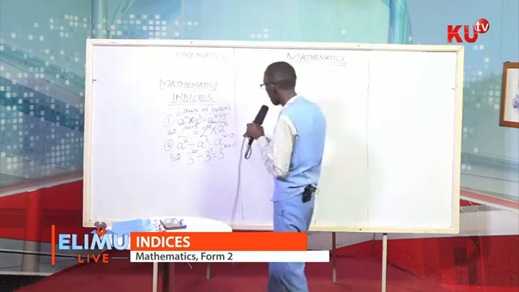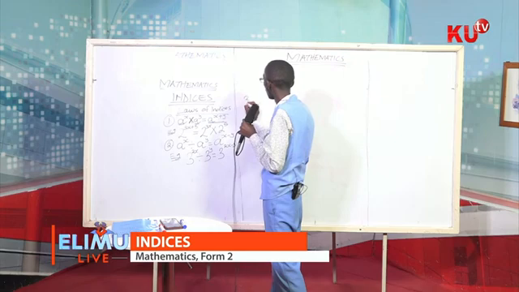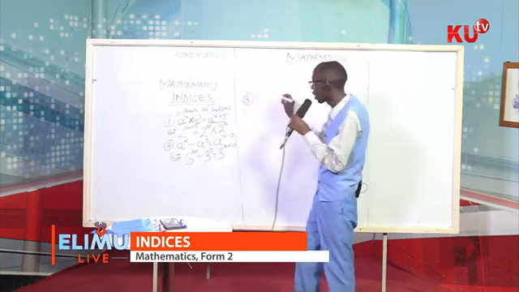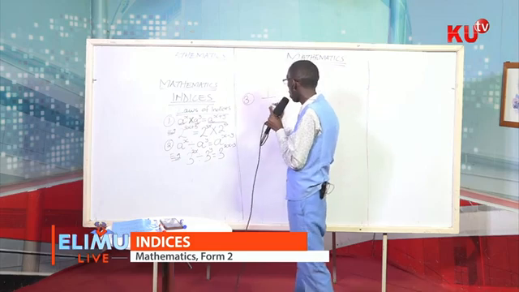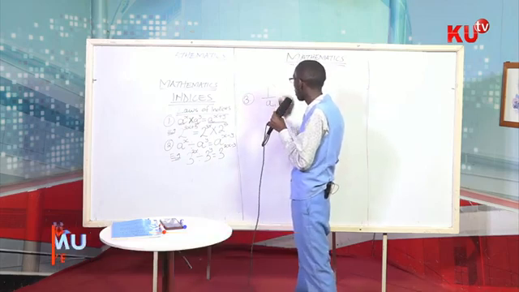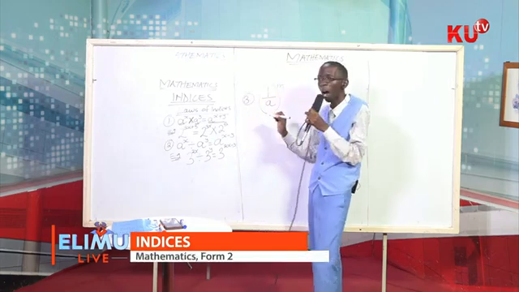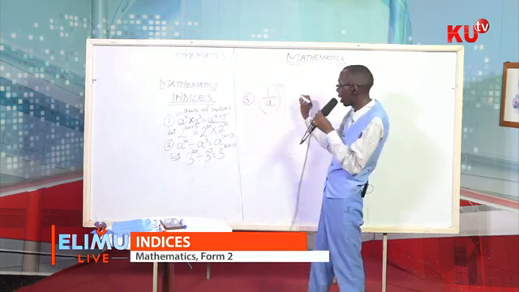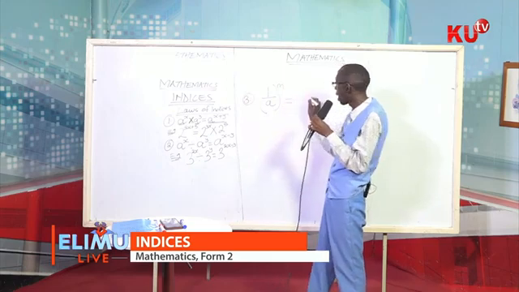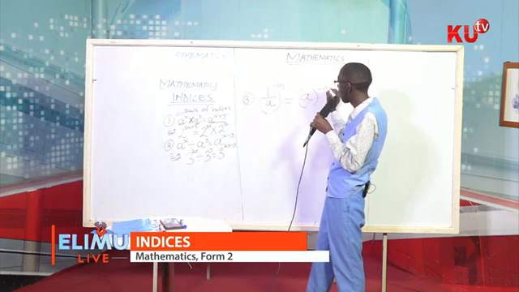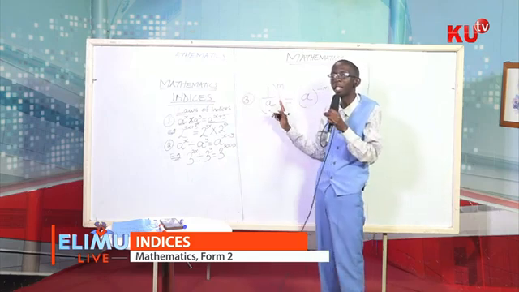Law number 3 of indices: 1 over a to power m is equal to a to power negative m. What do we mean by this law?